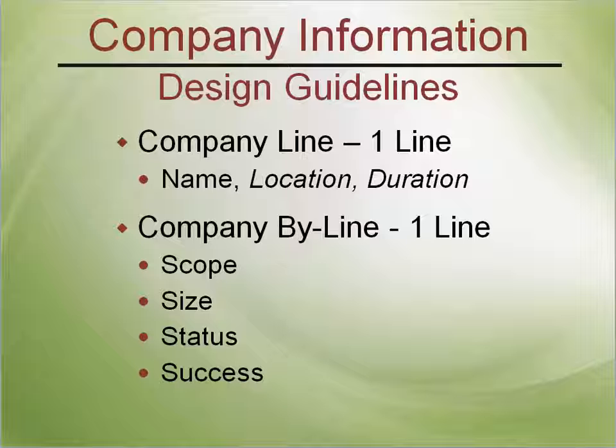Usually the company name is immediately followed by the principal location of where you worked. But if you held different positions that took you to different locations, you would then place the locations next to the position title. Spell out the state. Don't use state abbreviations. Finally, the company line ends with the duration of your employment in years.